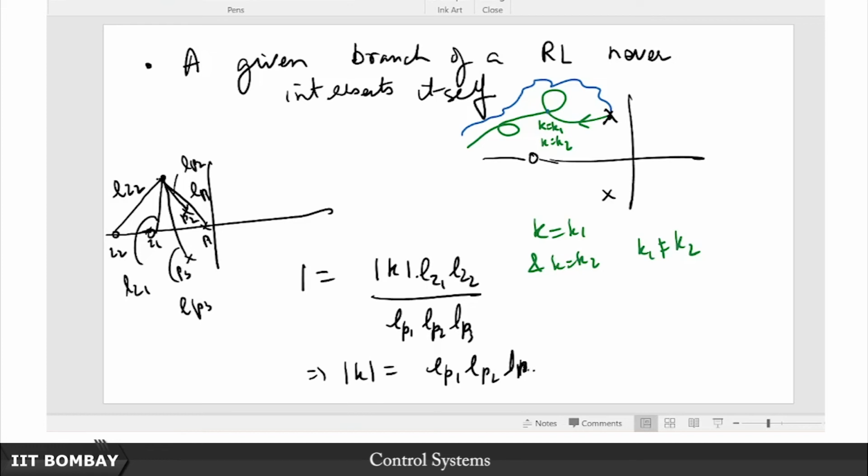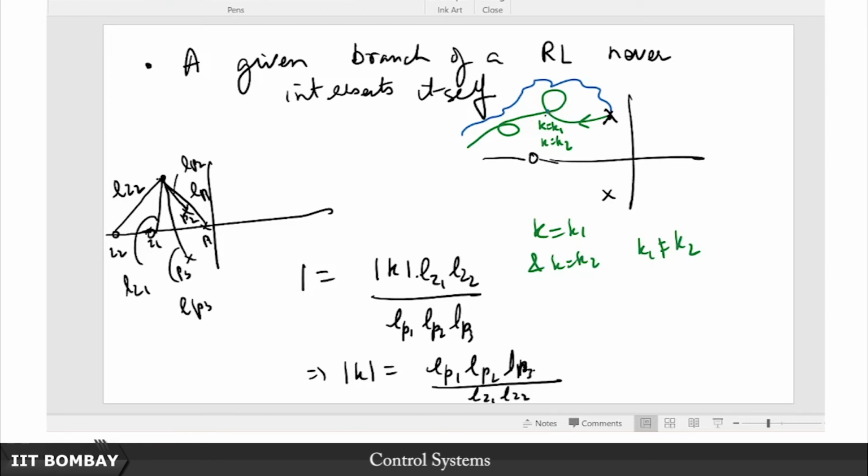If there are more poles and zeros, obviously you see the extension readily. Now notice that this is unique. For every point on the complex plane that qualifies as a point on the root locus, the value of gain is unique. So if a single branch of the root locus intersects itself, it contradicts this very uniqueness, no?